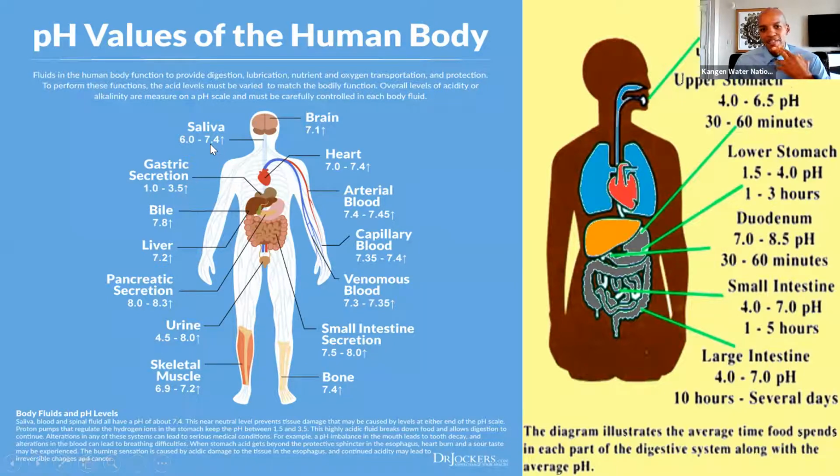The saliva can be in the acidic range, 6.0, and run all the way up to the alkaline range, 7.4. I was supposed to put up another chart here to show you alkaline and non-alkaline ranges, but I'll let you know: pH charts run from 0 to 14, yeah? 7 is half of 14, yeah?